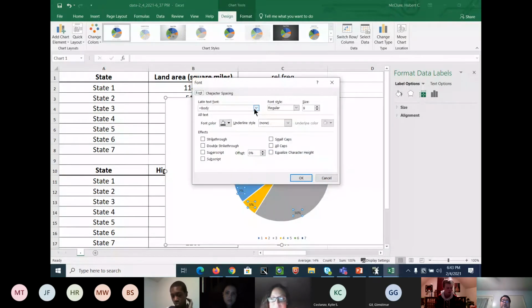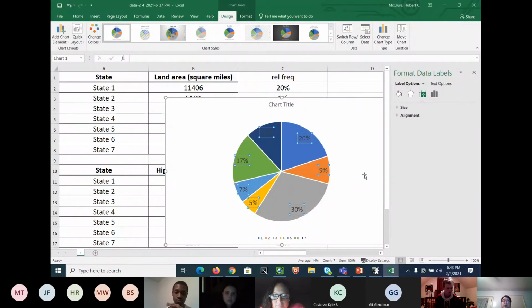Let's make them bigger. Let's go with 16. There you go. Now this one you can't see, so I'm going to move it out.